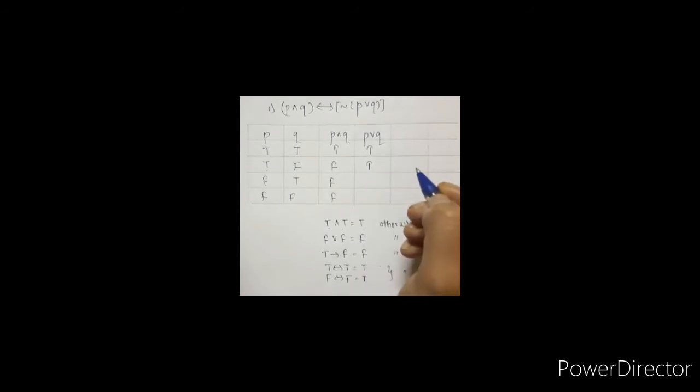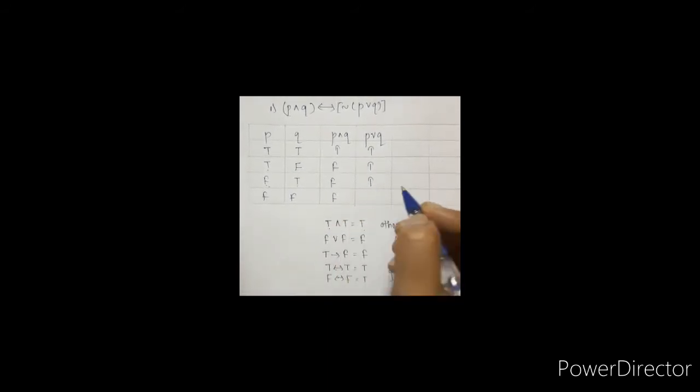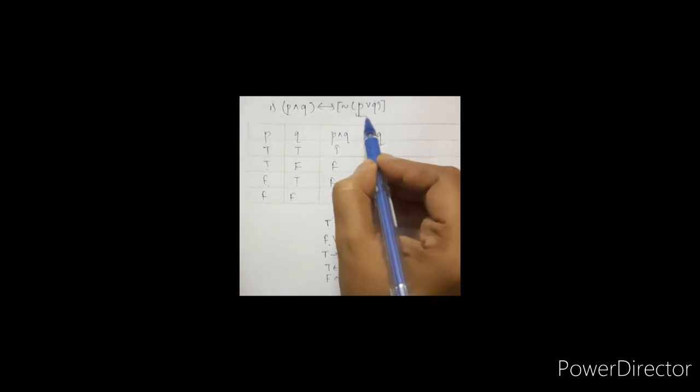So P or Q: true or true, it is true. True or false, it is true because it is an either-or case. False or true, again true, either-or case. Only if both are false, then only it is false. Okay, so we are done with this bracket.